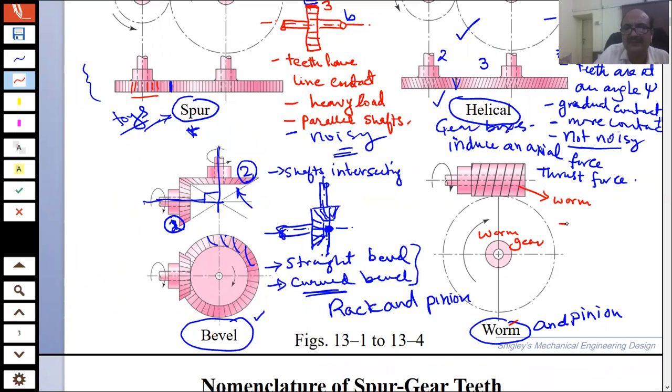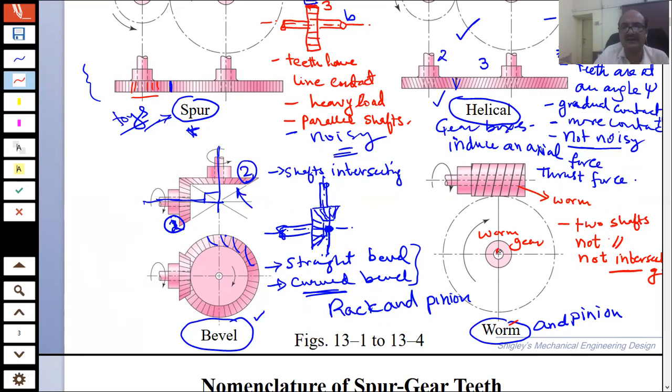It is a gear system that is used for transmission of power between two shafts that are not parallel and that are not intersecting. So these are neither intersecting nor parallel.